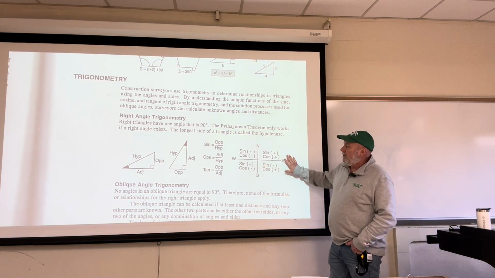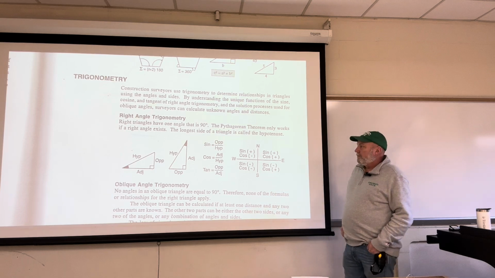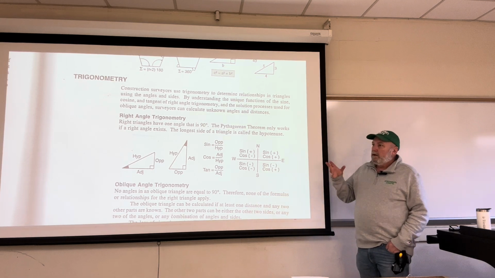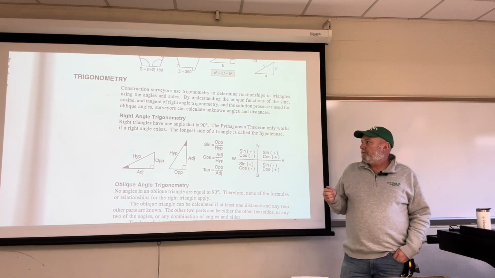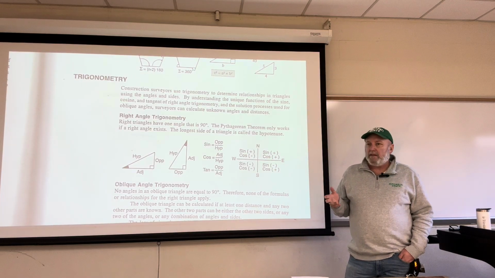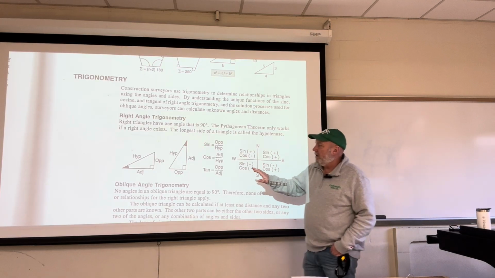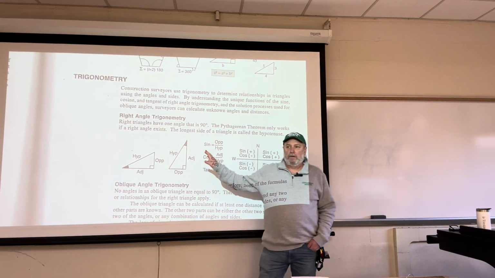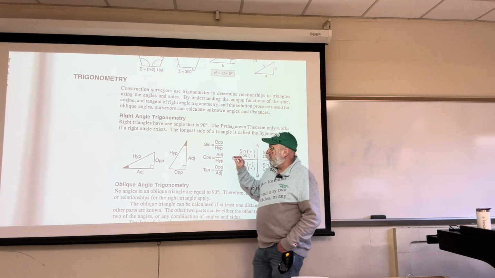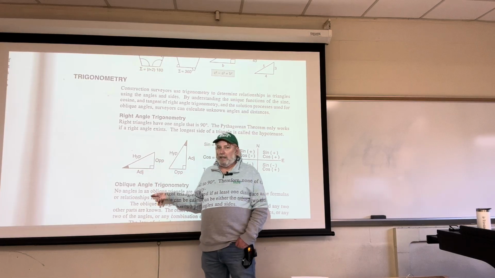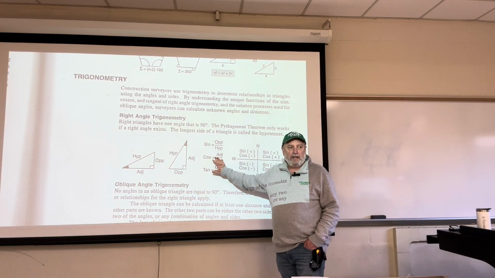This is your friend. Learn this, love this. In surveying, 90% of the math you will ever do has to deal with a right triangle. The trick is, sometimes we like to start calling sides different things, give them different names, but it's all still the exact same math.